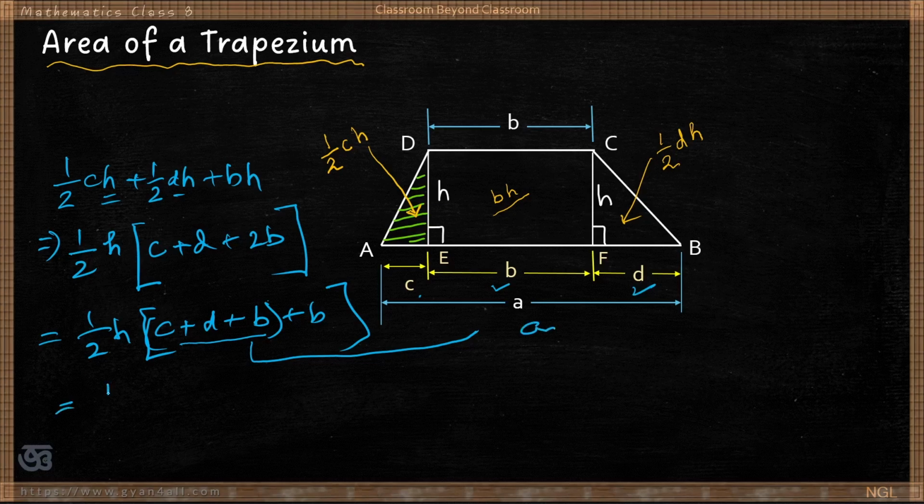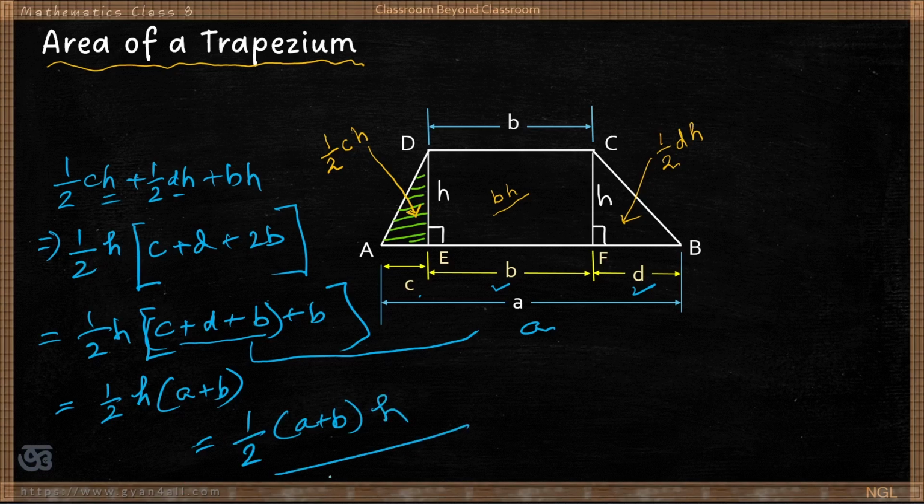So we get half of h multiplied by a plus b. Now what is a plus b? a plus b is equal to the sum of the parallel sides of the trapezium. So the area is half of (a plus b) multiplied by h. h is the altitude of the trapezium and a plus b is the sum of the parallel sides of the trapezium. Okay.